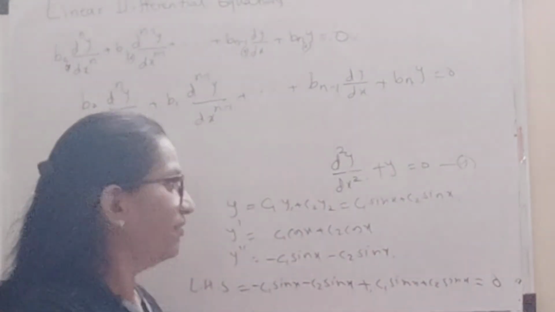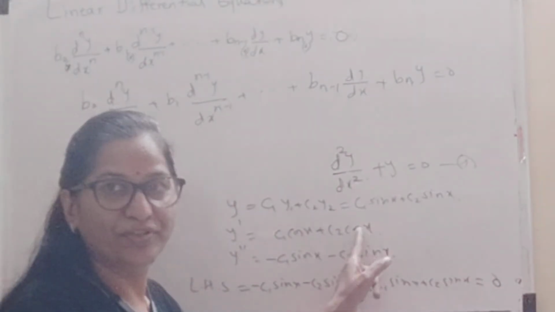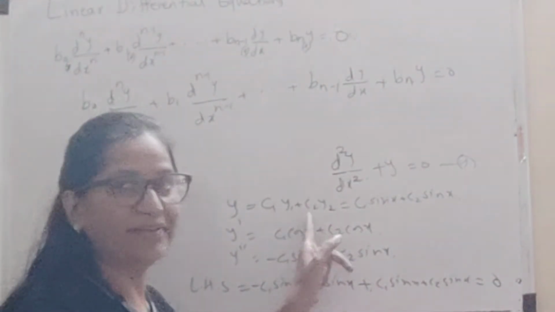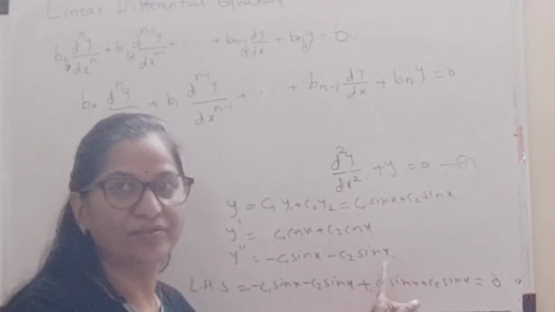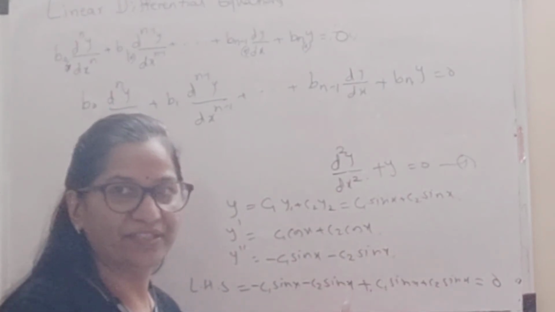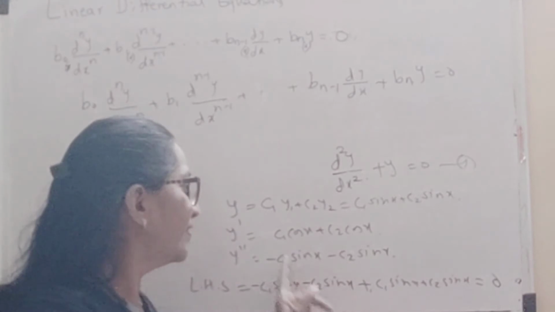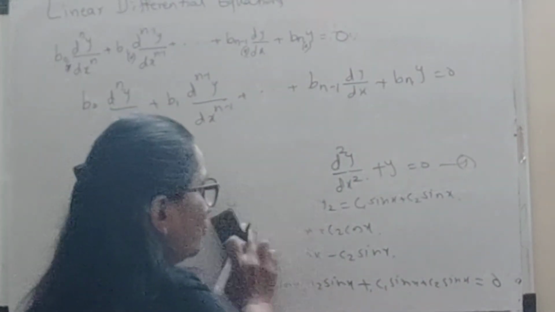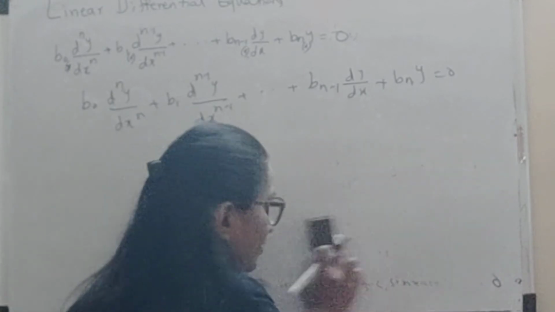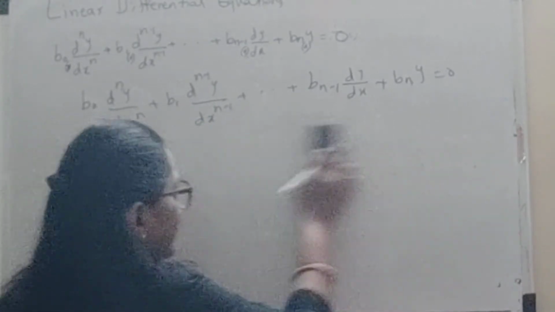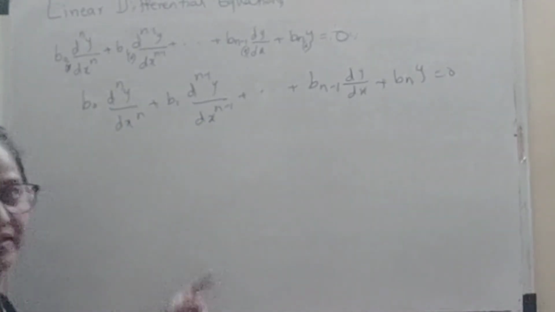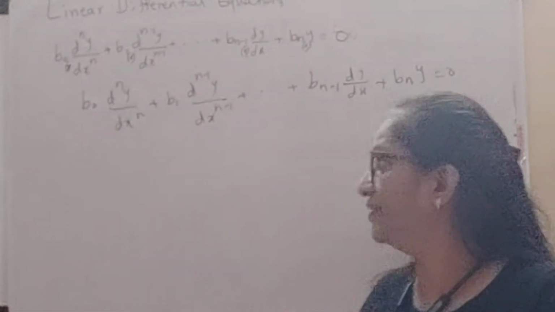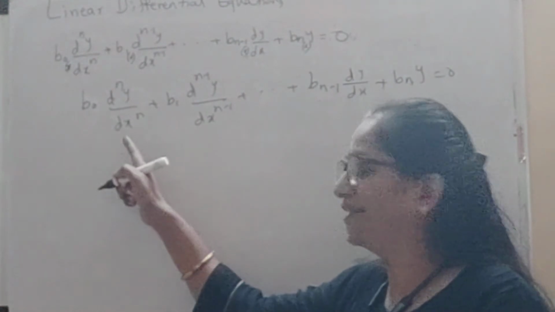So if y1 and y2 are solutions of this differential equation, then obviously C1 y1 plus C2 y2 is also a solution of the same differential equation. Now the next thing: suppose the linear differential equation is of nth order and first degree.